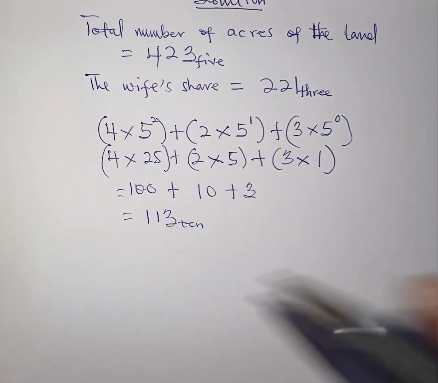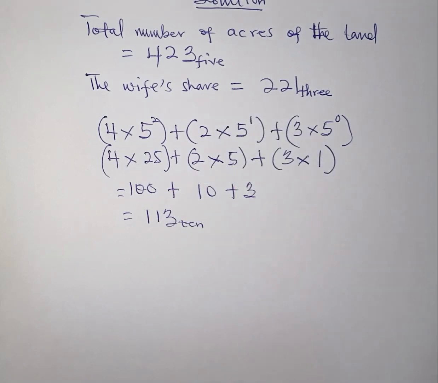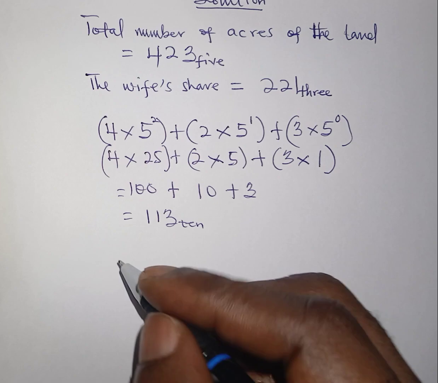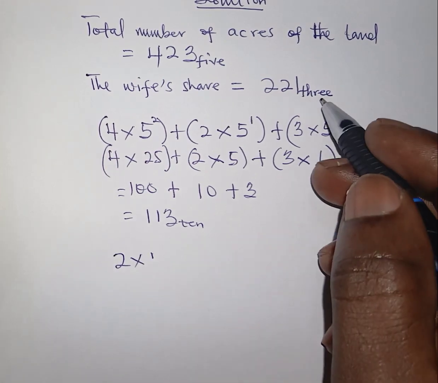Okay. Now let's also change the wife's share to base 10. We are given base 3.